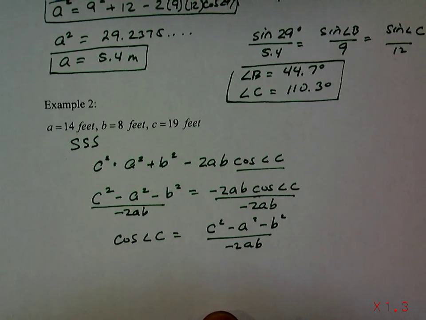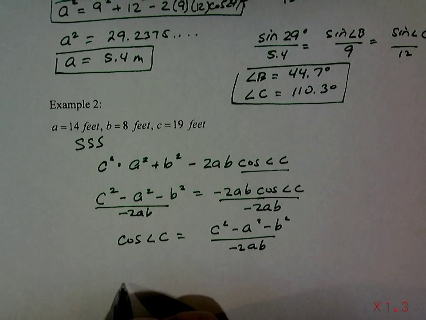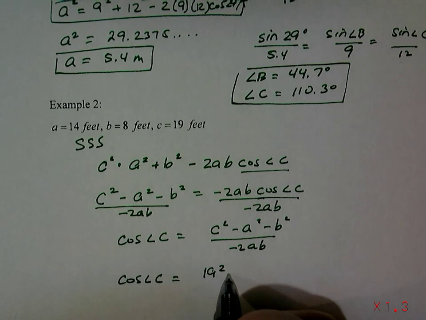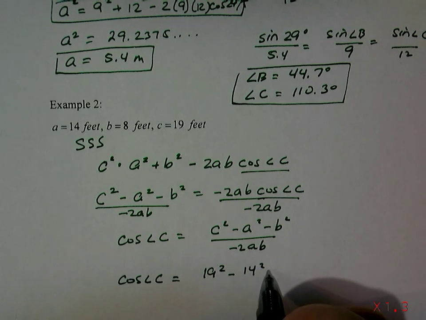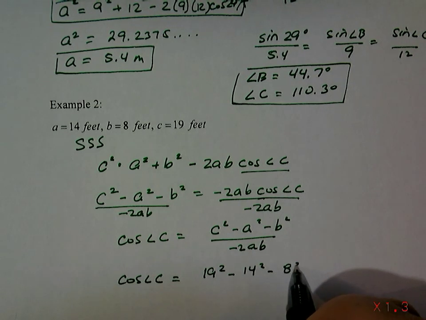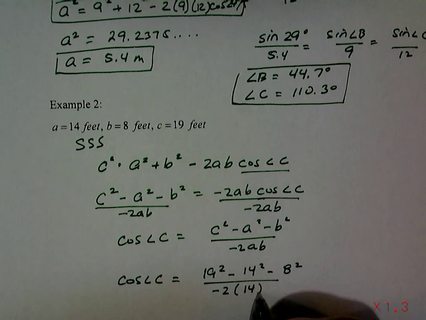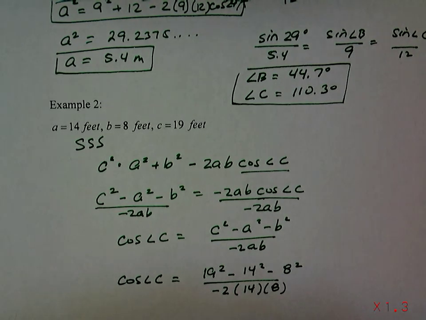From here, I'm going to go ahead and plug in all my information. So I have cosine of angle C is equal to 19 squared minus 14 squared minus 8 squared, over negative 2 times 14 times 8. So cosine of angle C is going to equal negative 0.4509.